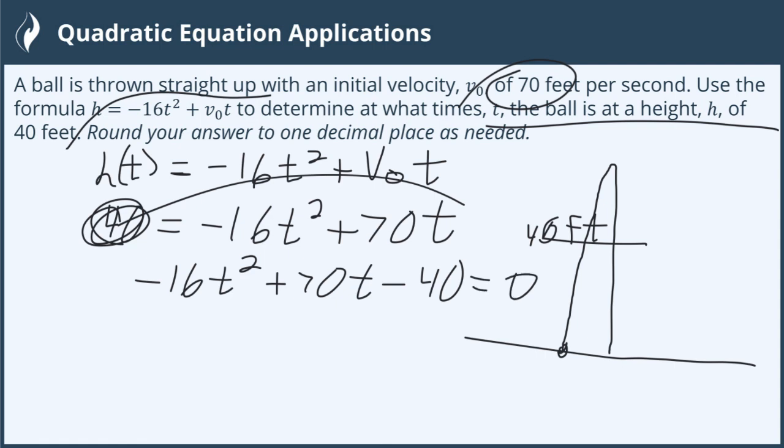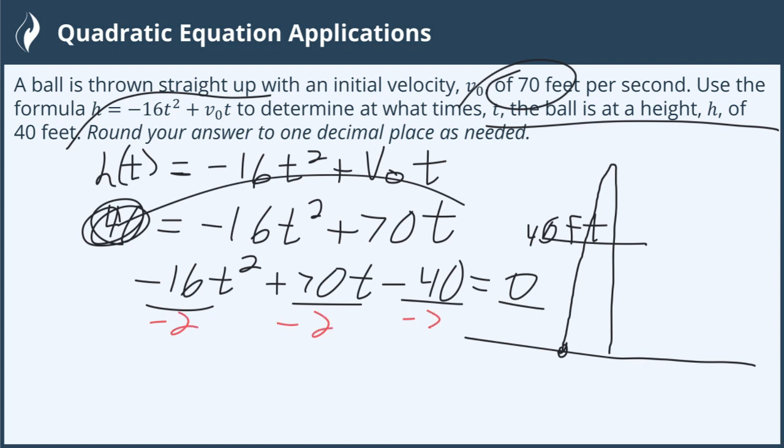Now, to factor this would be a lot, but the first rule of factoring is take out the common factors. So we're going to take out the common factor of what will go into all three of those, a negative 2.